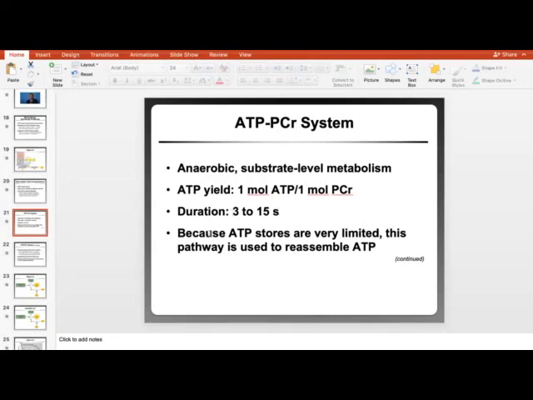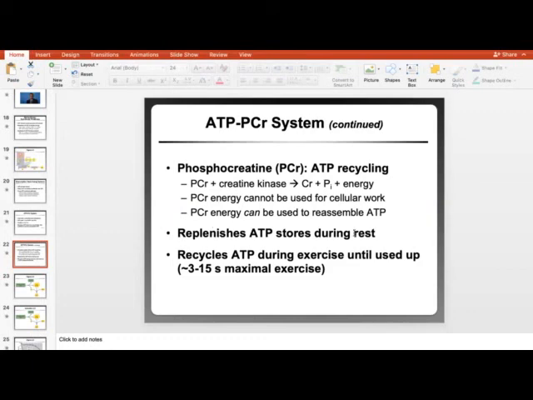And then it takes time after I burn all of this ATP for it to be replenished. You replenish ATP stores during rest. After about 30 seconds to a minute of maximum exercise, all of this ATP is broken down, and you need phosphocreatine, creatine phosphate, to start your ATP recycling.